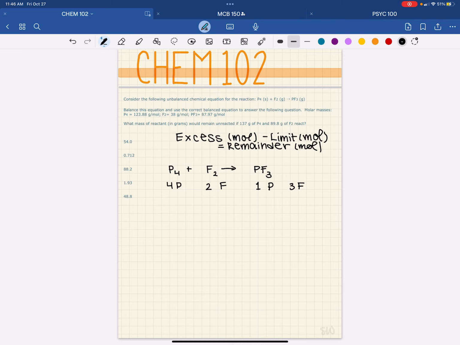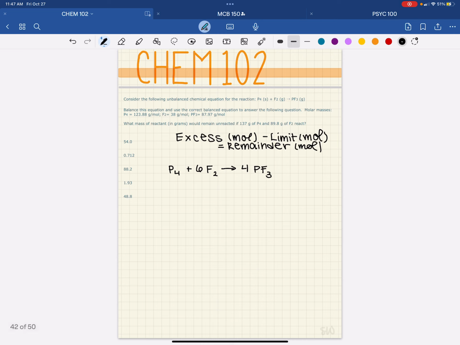In order to make these balanced, I know I need 4P on this side, so I'm going to make this a 4. And then that 4 times 3 gives me 12. 12 divided by 2 gives me 6. So that is my balanced equation.